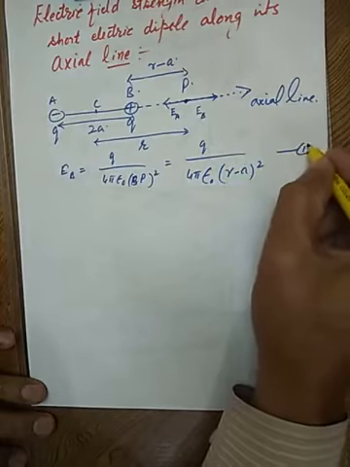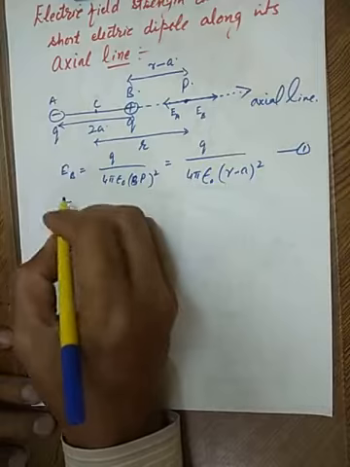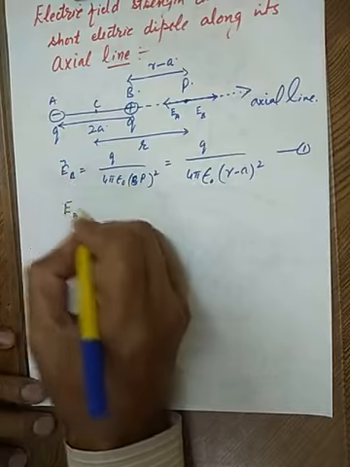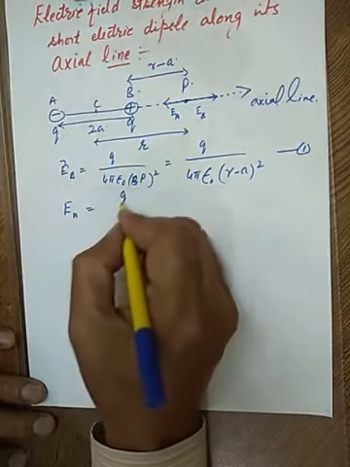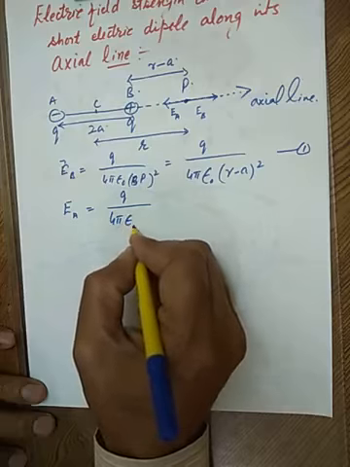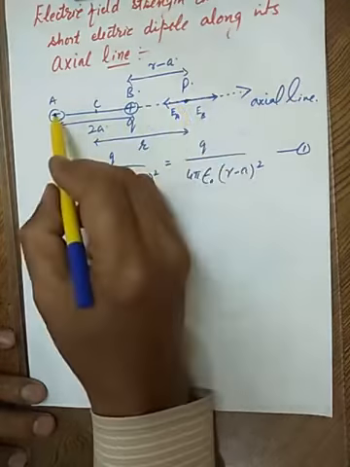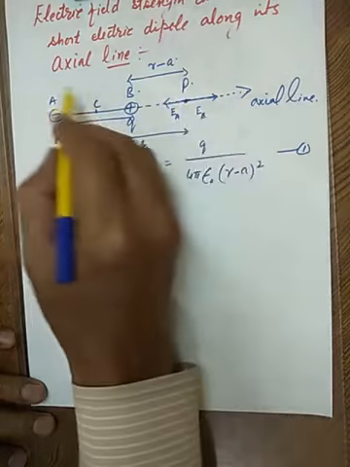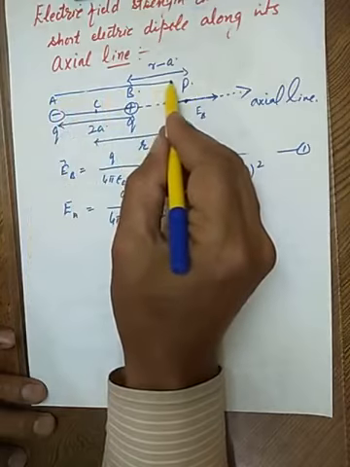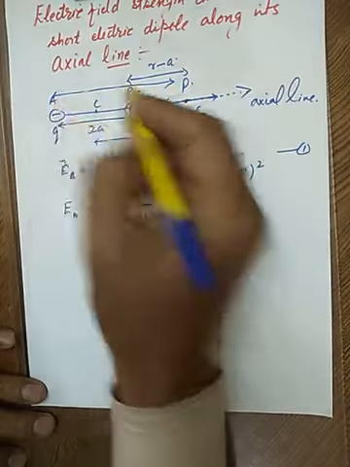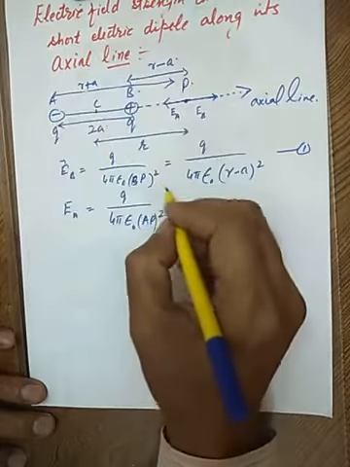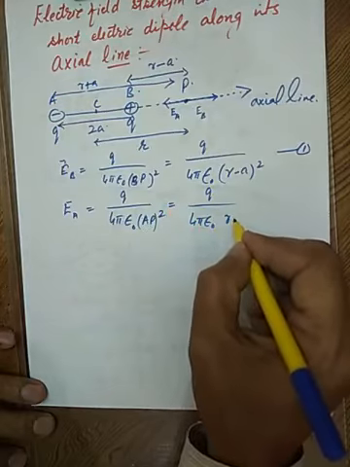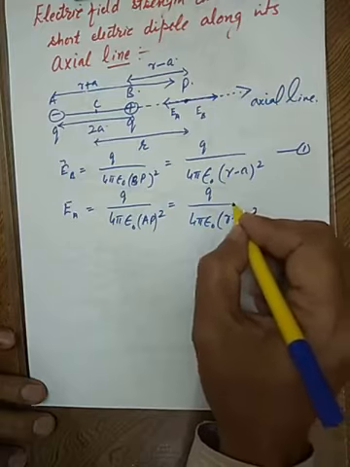Call this equation 1. Due to the negative charge, the electric field at point P, which I designate EA, is equal to q upon 4 pi epsilon naught into the distance AP squared. AP is r plus a. So I write q upon 4 pi epsilon naught (r plus a) whole squared.